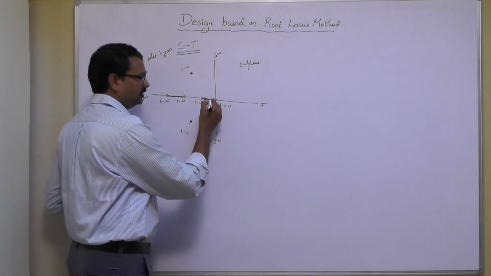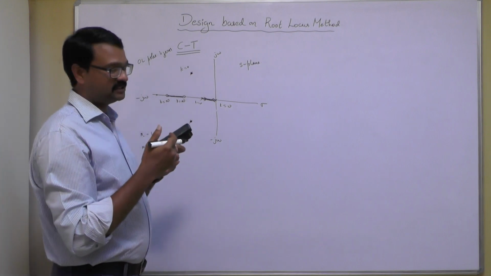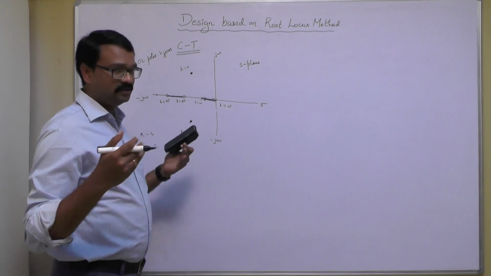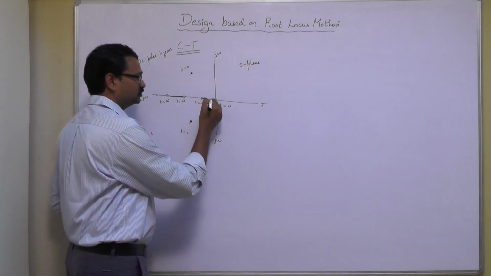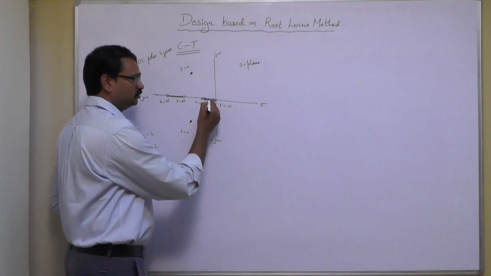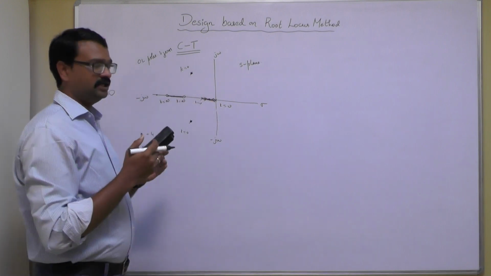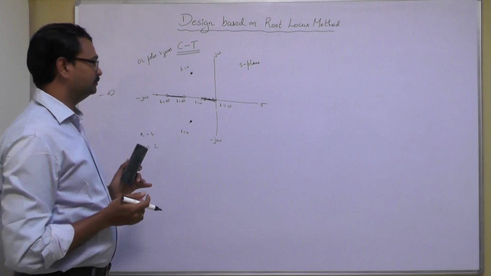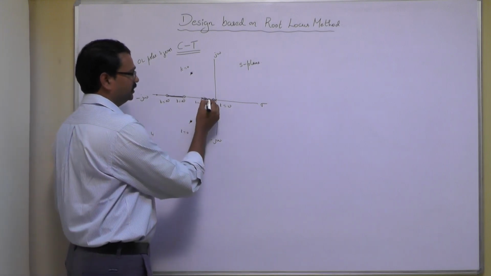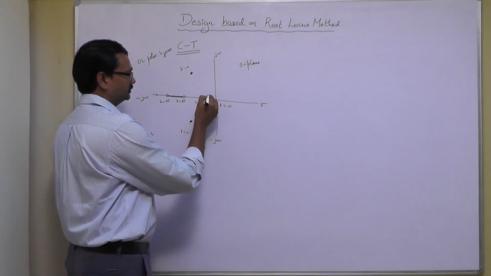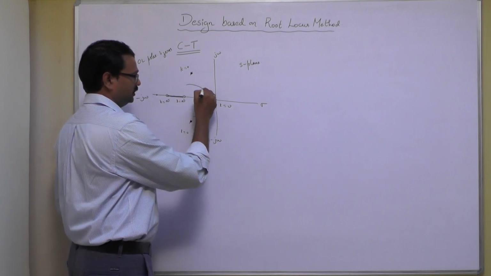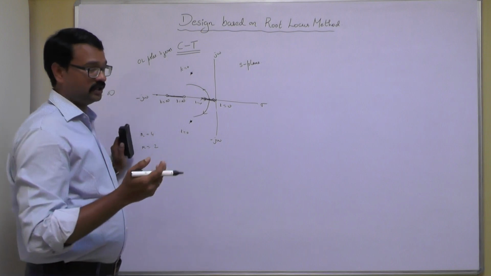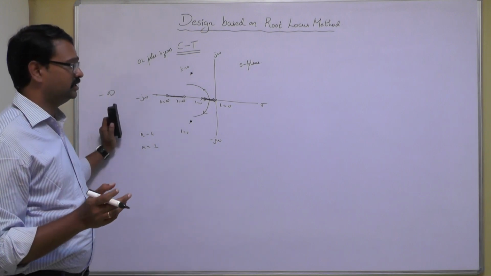Therefore, when these two come and meet, as k is increased, the poles start moving, and at some value of k they do meet each other, and since they are meeting each other, they will try to break away, like this. At an angle of 90 degrees, plus or minus 180 by 2, since two poles are meeting.